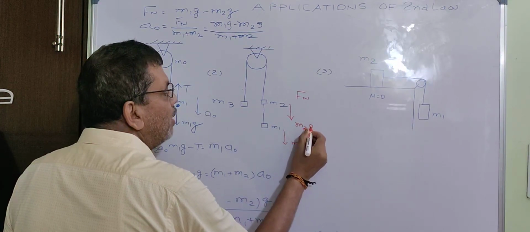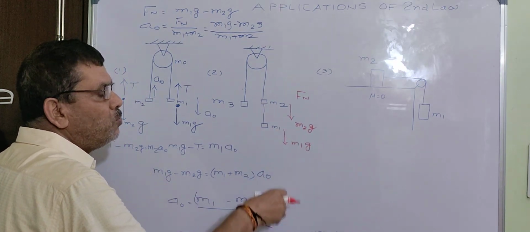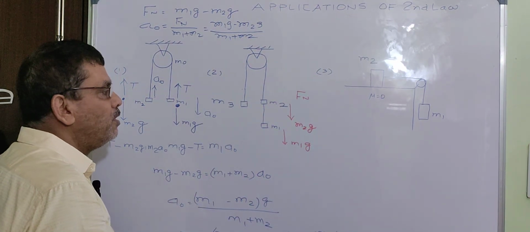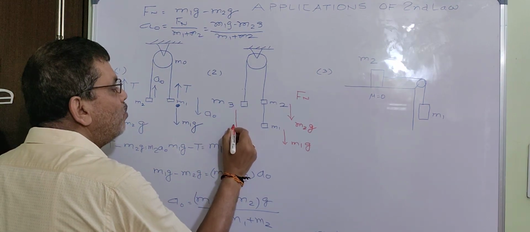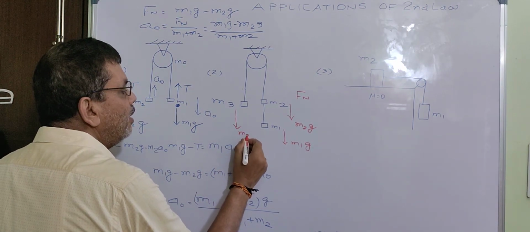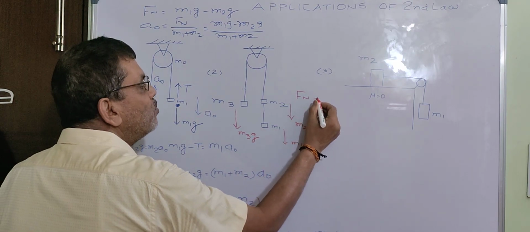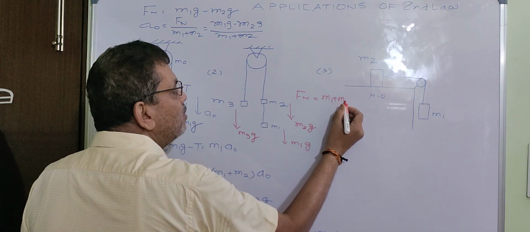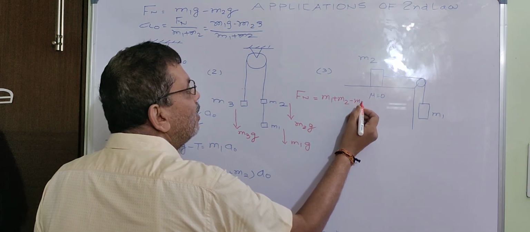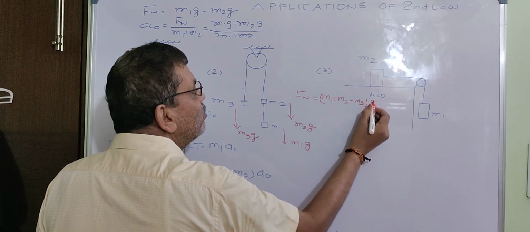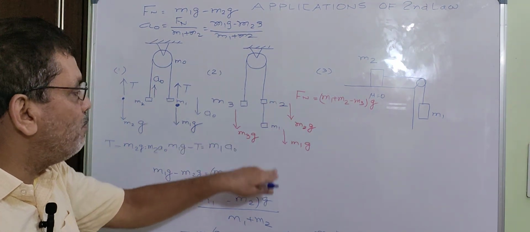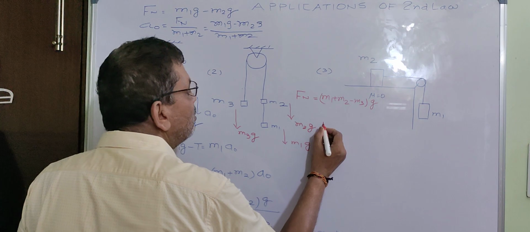So on the right side you will observe two forces in the downward direction, M1g plus M2g, and on the left side, downward, is M3g. So I can say the net force is nothing but (M1 plus M2 minus M3)g. Is it clear? Suppose M1 is coming down with acceleration A0, let us say.